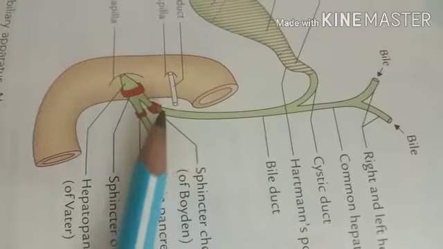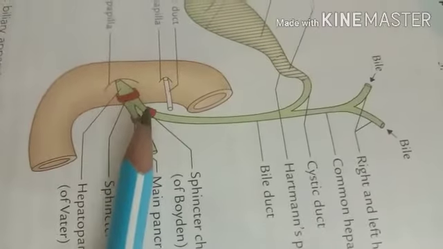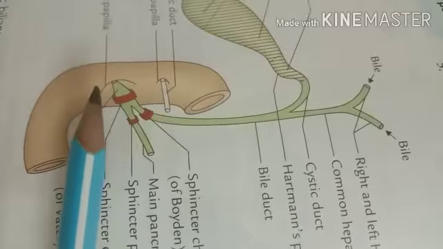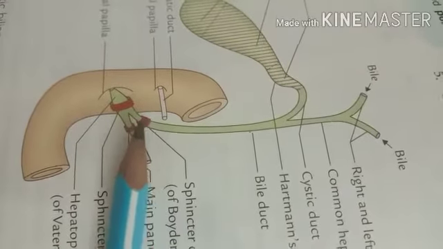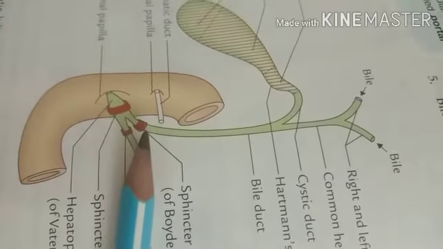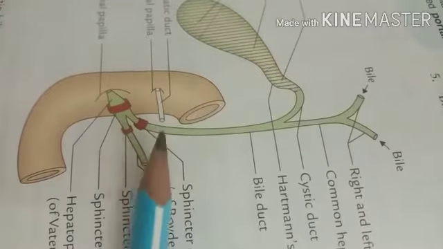So here is the bile duct and this is the terminal part. The terminal part of the bile duct, just above the junction with the pancreatic duct, is surrounded by a ring of smooth muscle. This one, in red color, is called the sphincter choledochus, the sphincter of the bile duct.